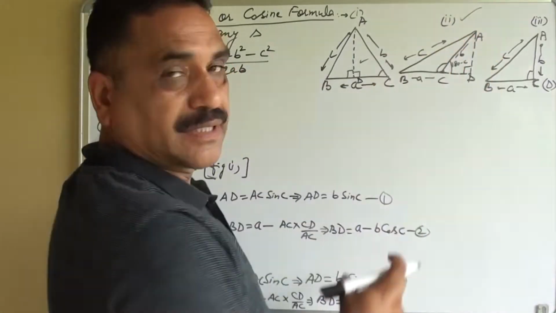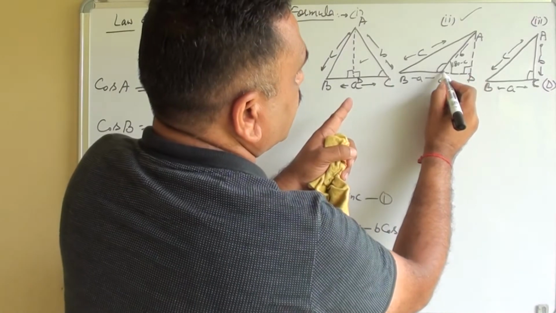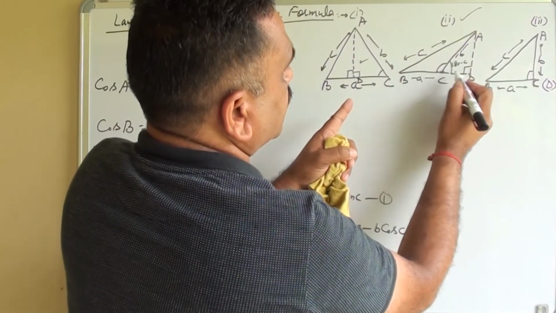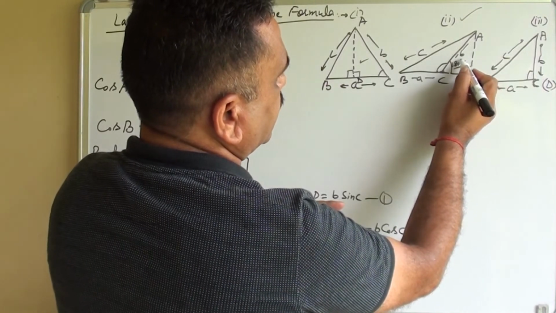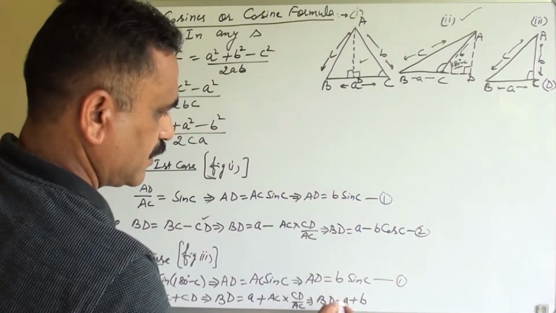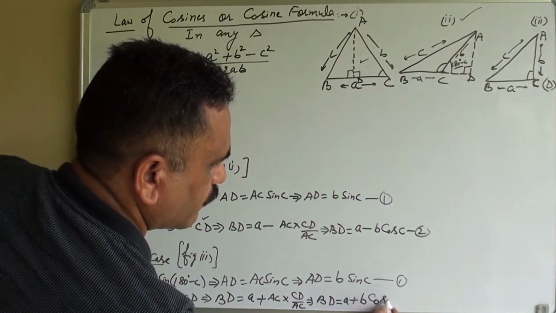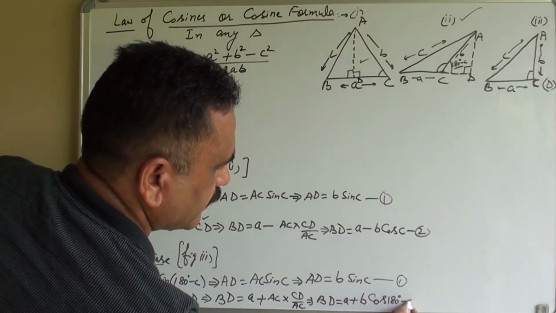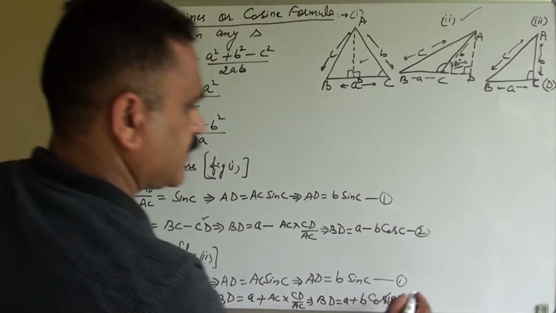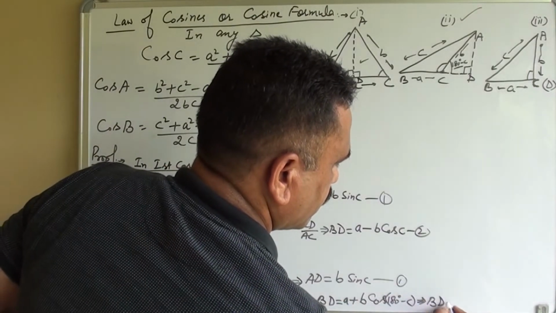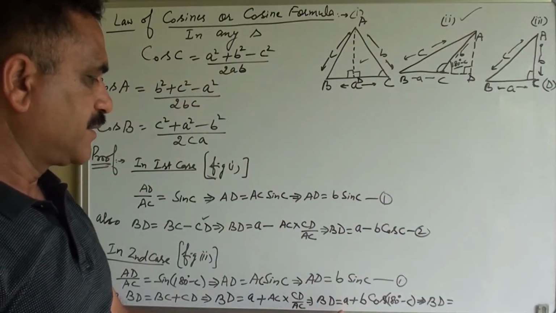Base upon hypotenuse. In this particular triangle, see here, this is base and this is hypotenuse. So what is the angle? Angle is this one, that is 180 degree minus C. So it is cos of 180 degree minus C. So this implies BD is equal to what?